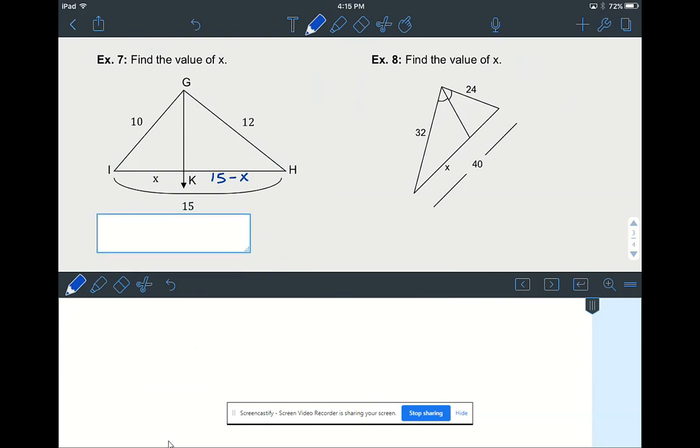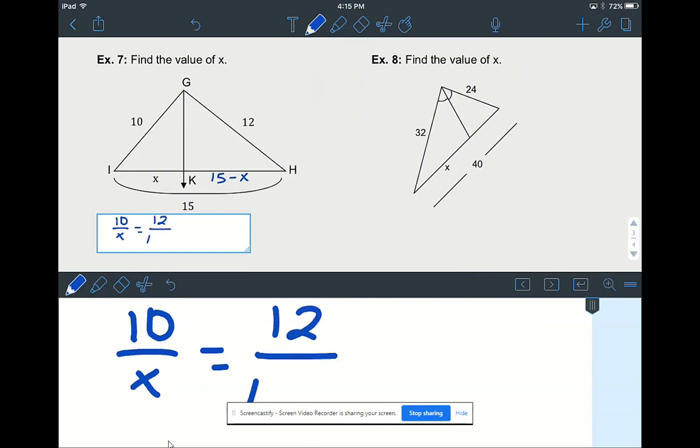I personally don't care which way you set it up. So I'm going to do left side to left base first, like the first proportion we just showed you. And then on the next one, I'll do left to right. So 10 to x, left side to left base, equals right side to right base.